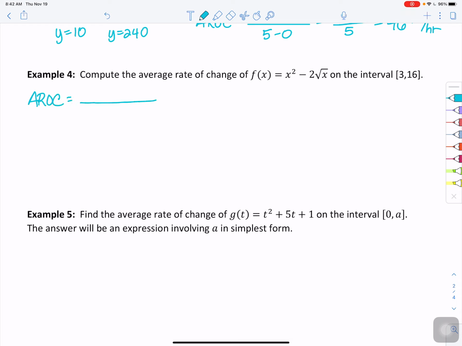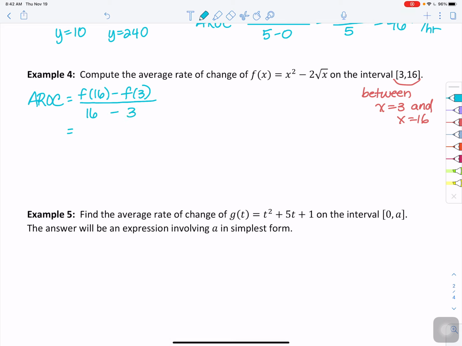If we're on the interval from 3 to 16, we want to know the average rate of change between x equal to 3 and x equal to 16. So we're going to have f of 16 minus f of 3 divided by 16 minus 3.